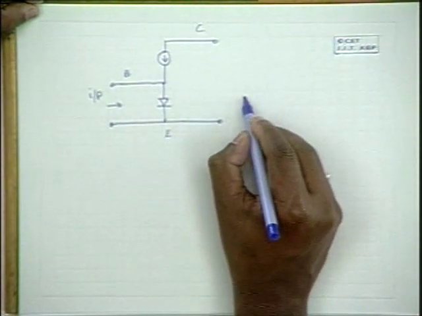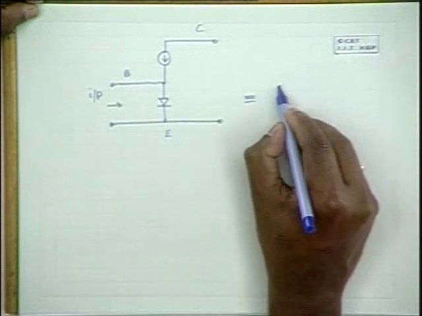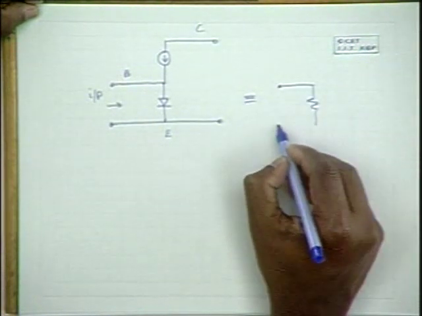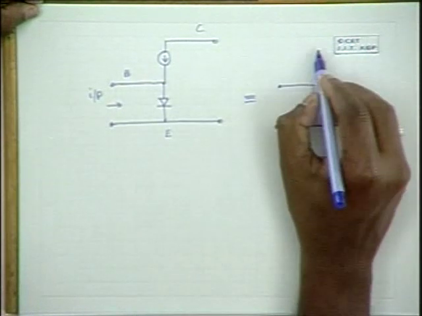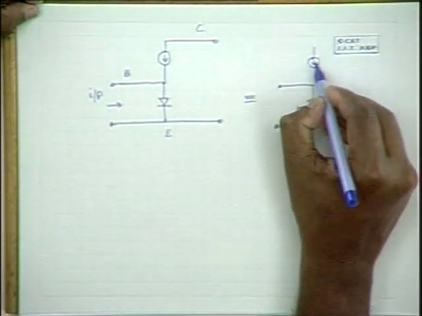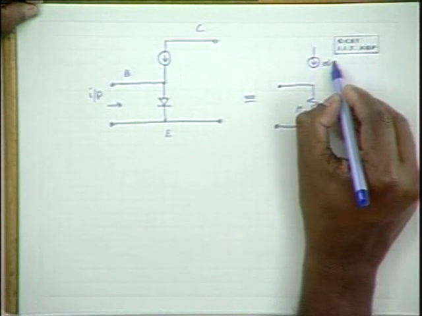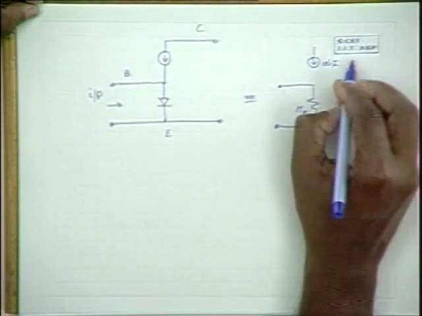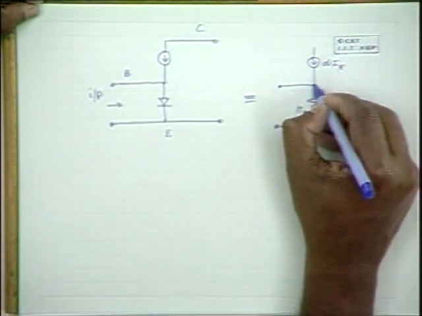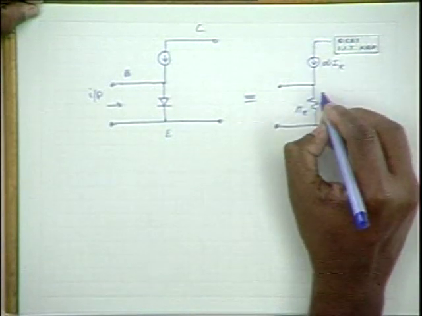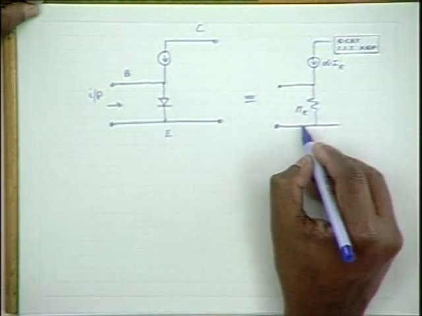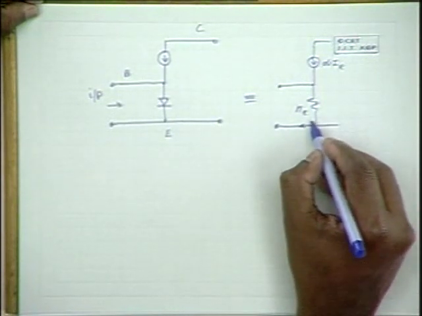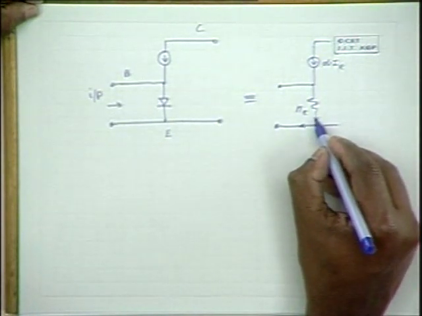Now equivalently we have RE here, and we have this alpha times IE as a collector current here, where this current is the total current, this current is IE.